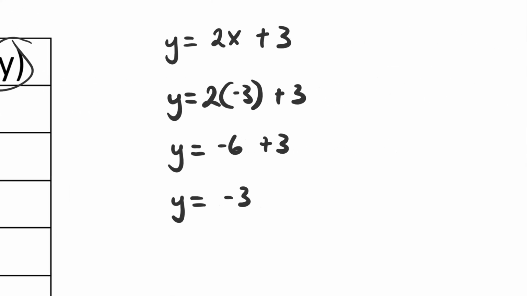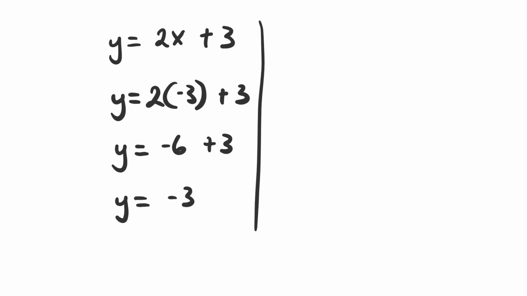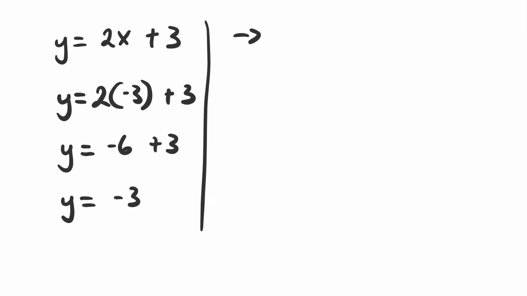We're going to do this for 3 different examples, continuing down the x values. Again, same equation, y equals 2x plus 3. Now we're using an x value of -2, because we're working down the vertical column, plus 3.